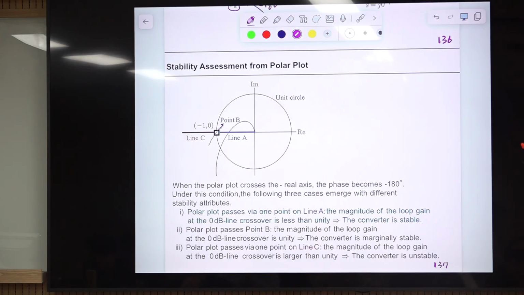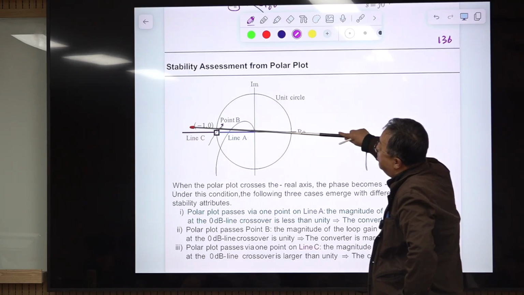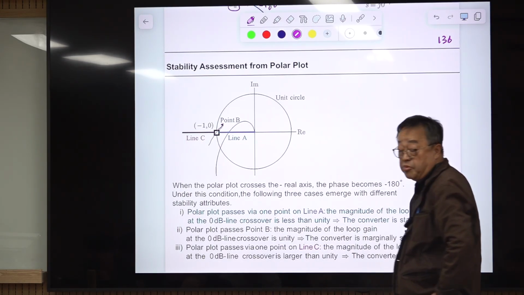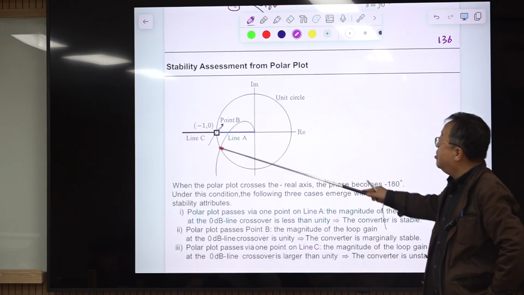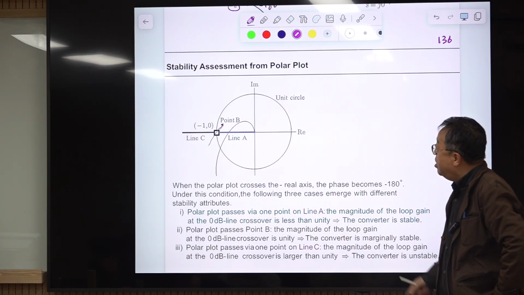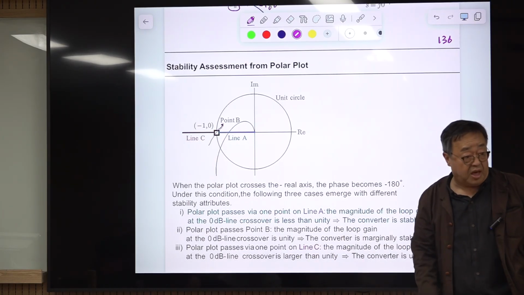Okay? So that means when the polar plot passes the negative real axis at line segment A, the system is stable. If it passes this point B, the system is marginally stable. If it passes the line segment C, the system is unstable.